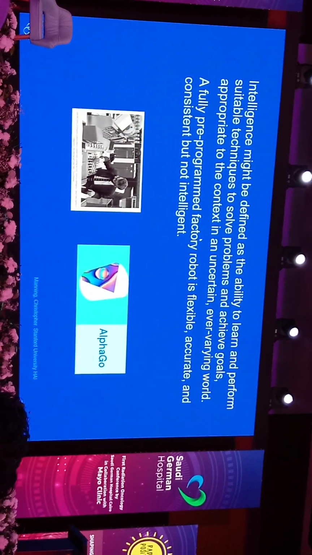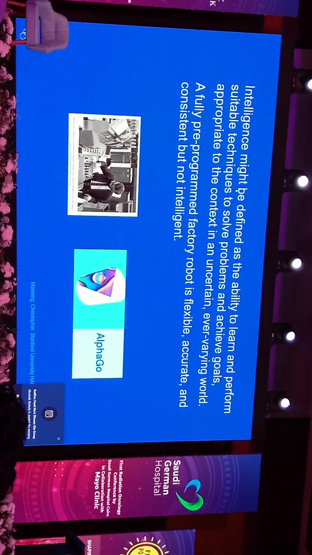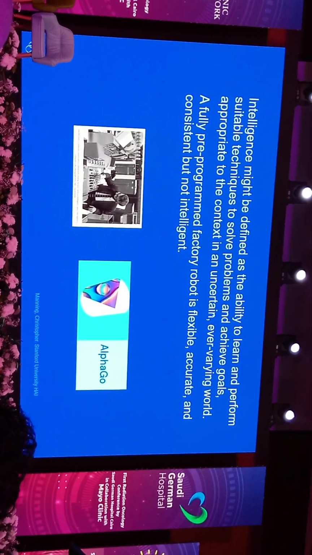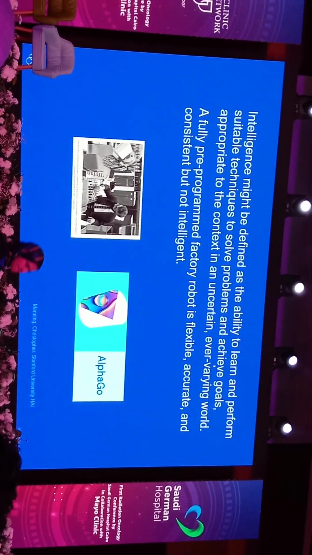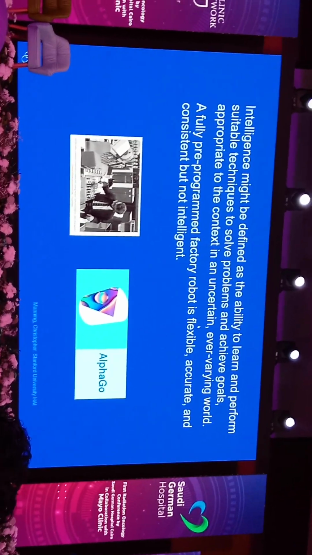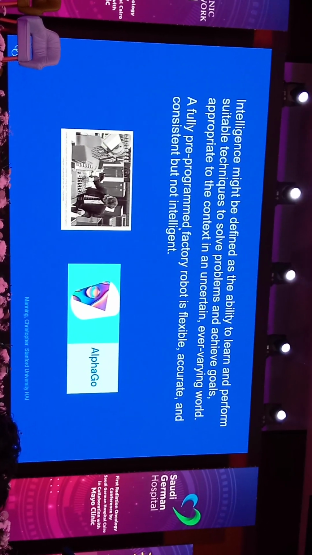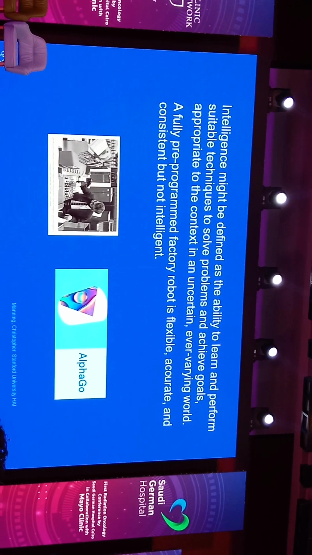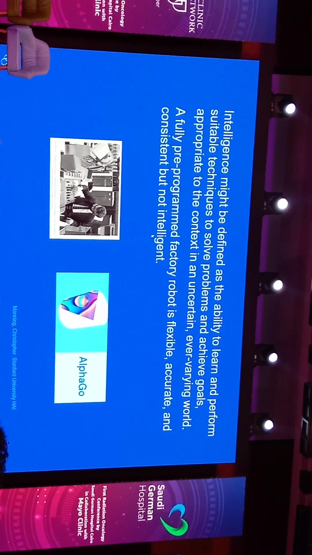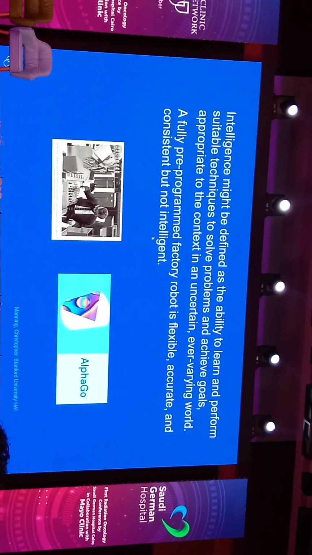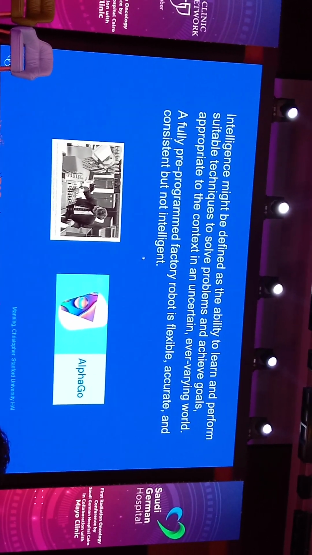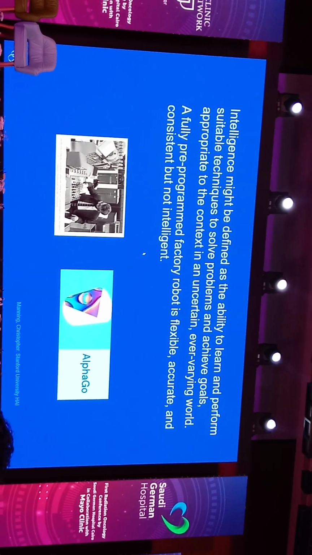Now there is a trend where intelligence may be defined as the ability to learn and perform suitable techniques to solve problems and achieve goals in an ever-varying world, and where at the same time a fully pre-programmed factory robot is flexible, accurate, and consistent, but not intelligent. And so as we move forward in AI, the things that we say are intelligence may be the things that we classically think a computer is not able to do.